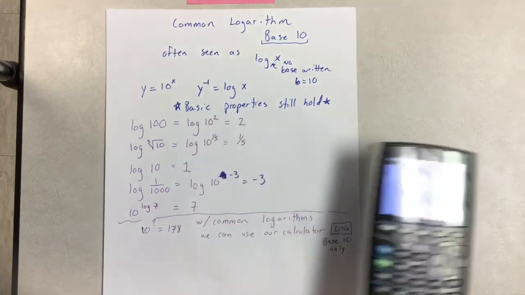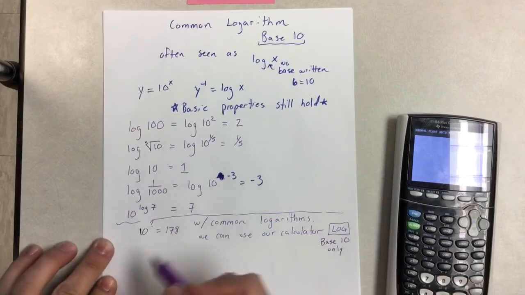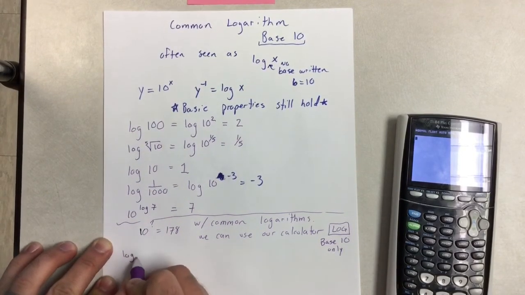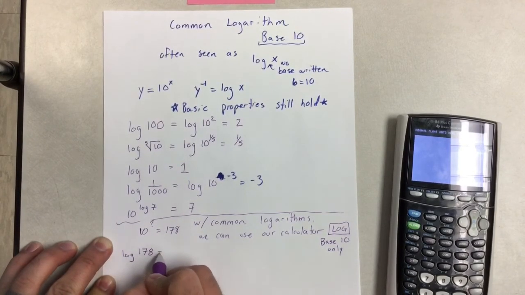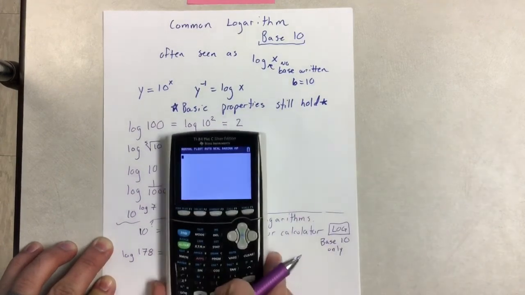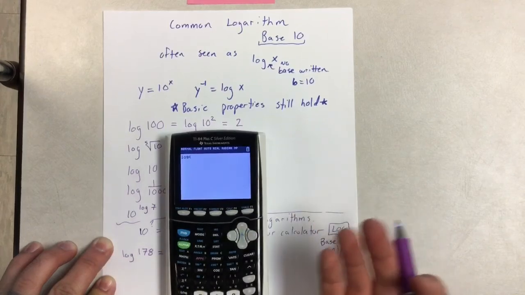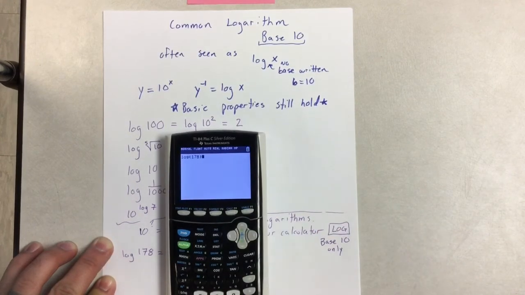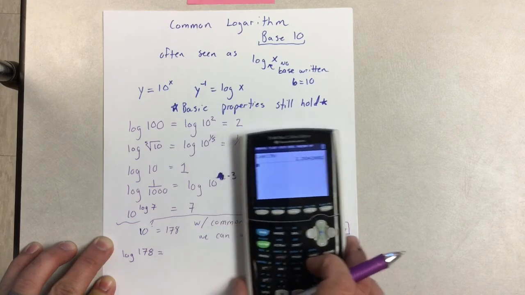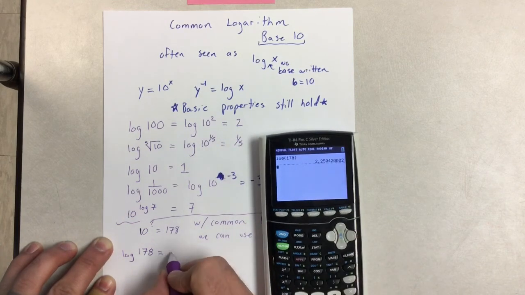If I want to take the log base 10 of 178, we will get from it the exponent that yields this number. So log, since it's already base 10, of 178, and we find, as you saw earlier, 2.25.